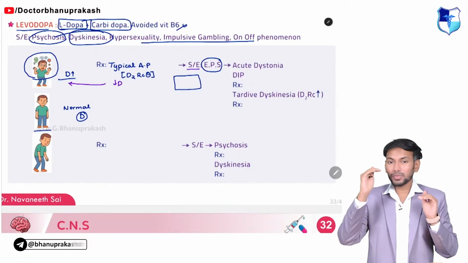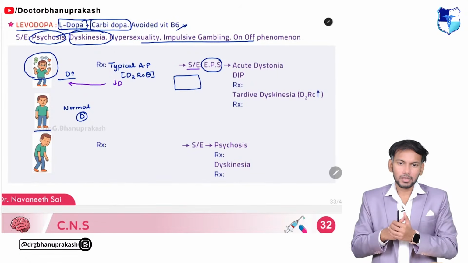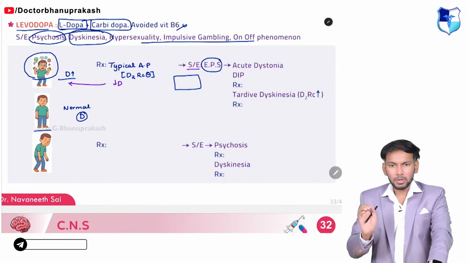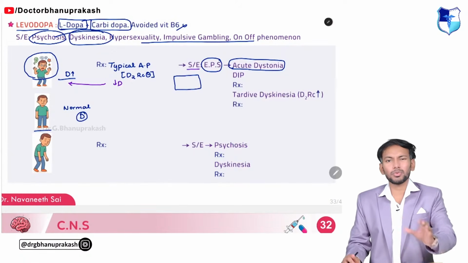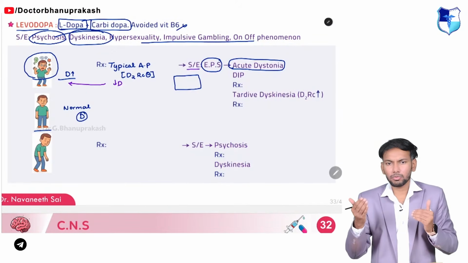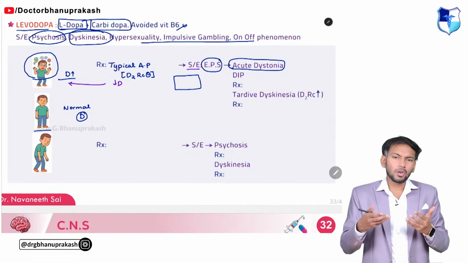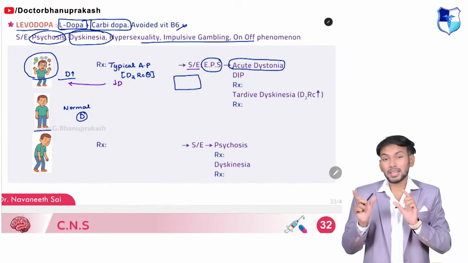So because of this acetylcholine, it will cause sudden muscle contraction. Because it is happening suddenly, it will cause sudden contraction of muscles because of acetylcholine. That is what is known as acute dystonia. Now, if you see this condition for a long period of time, if there is decreased dopamine in substantia nigra for a long period of time, this is almost similar to one pathology, that is Parkinson's disease.